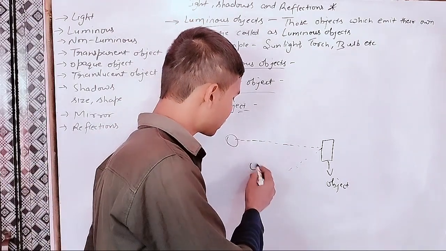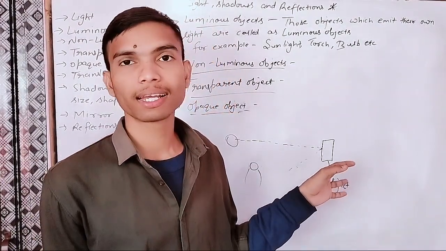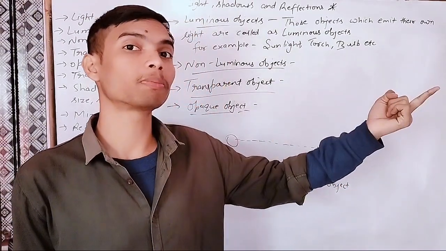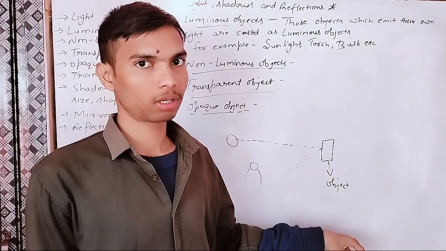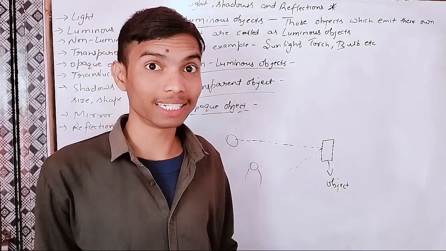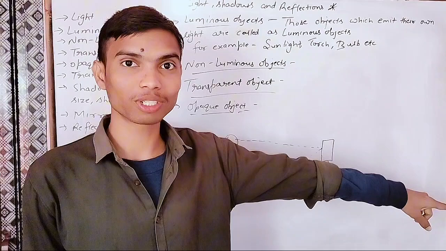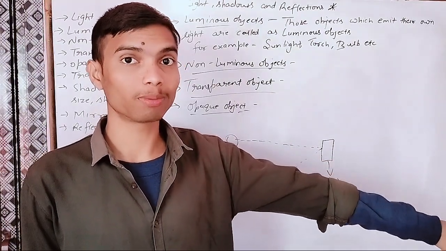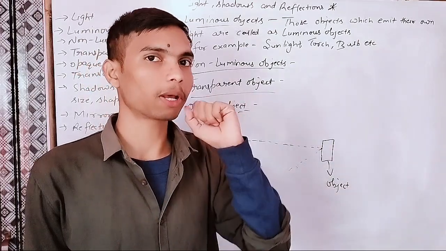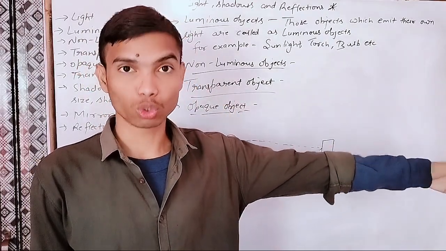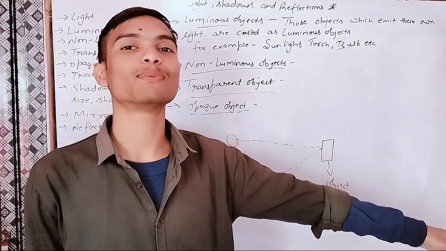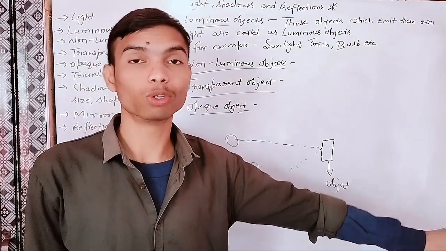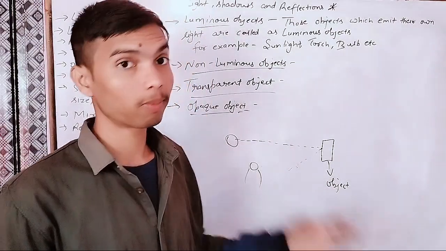That's why we can't see the area behind the object, because light is not passing through it. If light passes through an object, we consider it a transparent object. But light is not passing through this object, so it would not be considered transparent. Rather, it would be considered an opaque object.